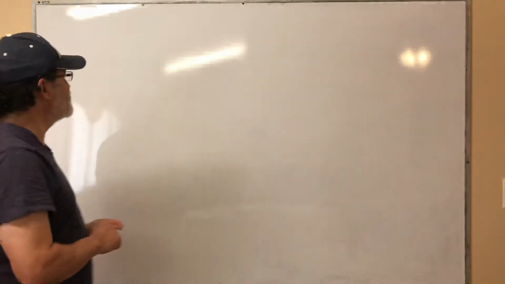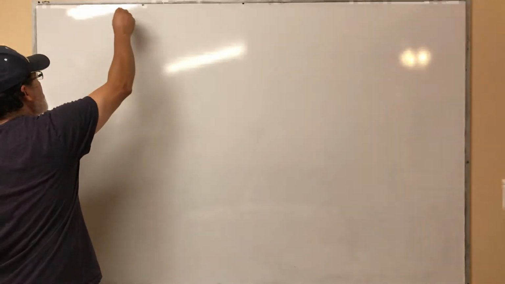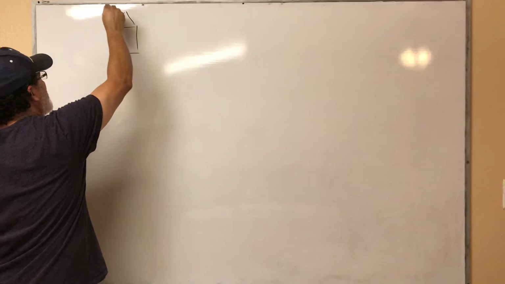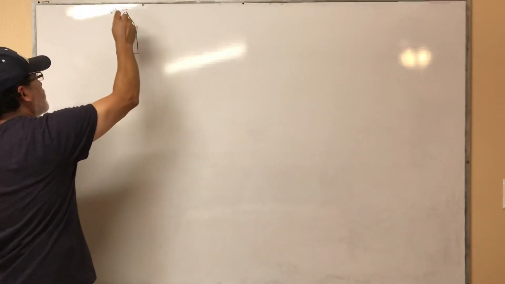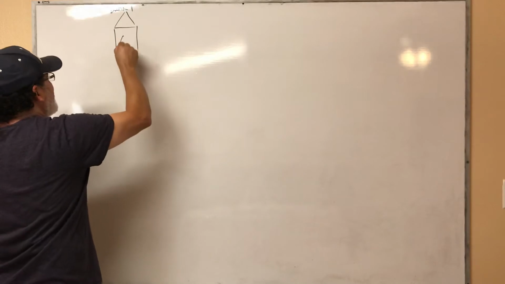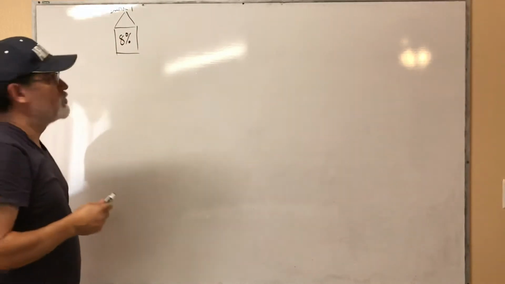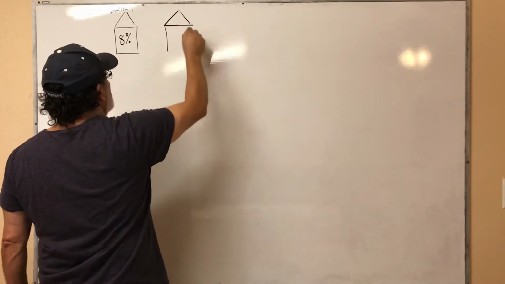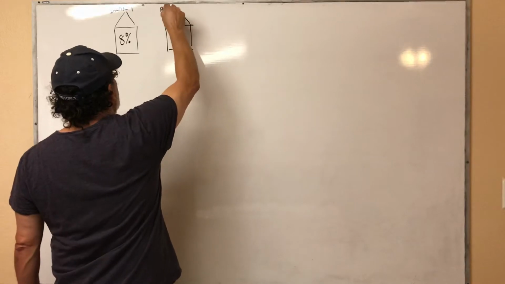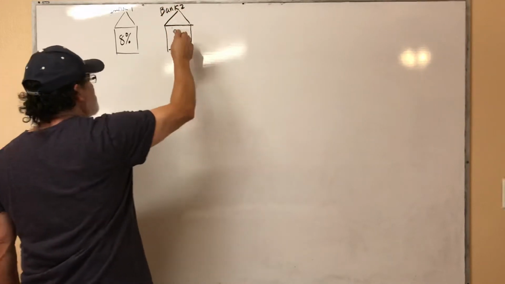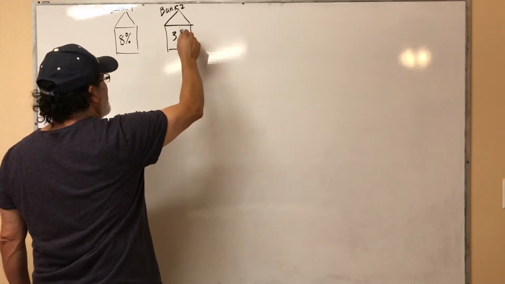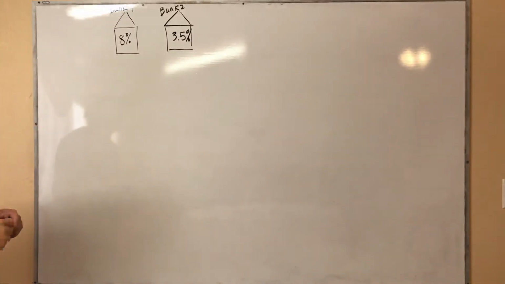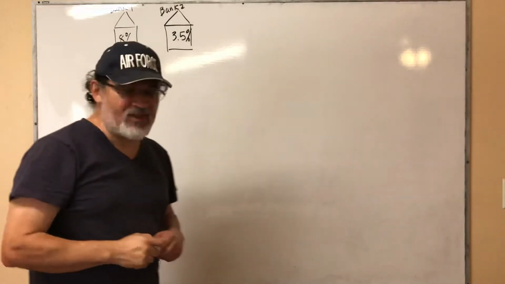So here's bank 1, and this one pays 8%. And here's bank 2, and this one pays 3.5%. And the student has $15,000 to invest.